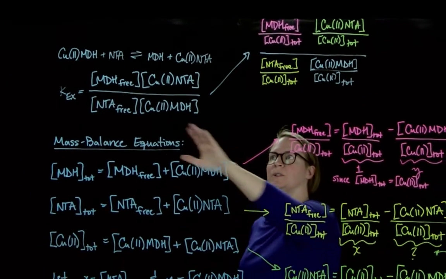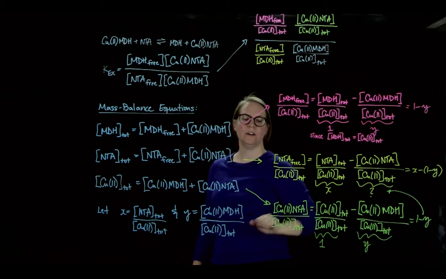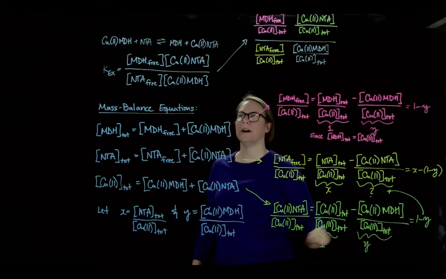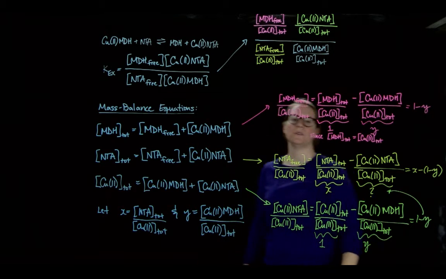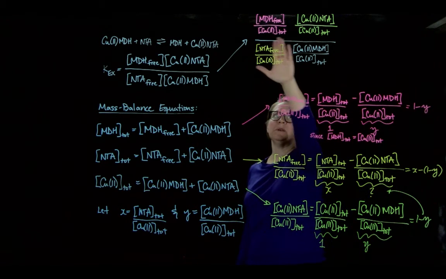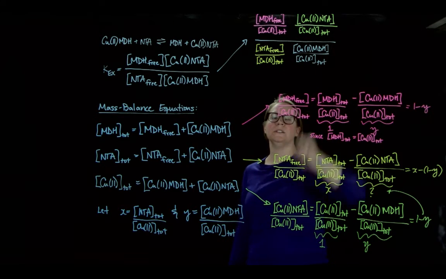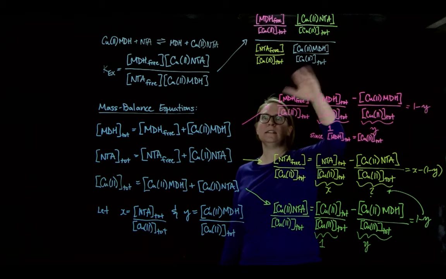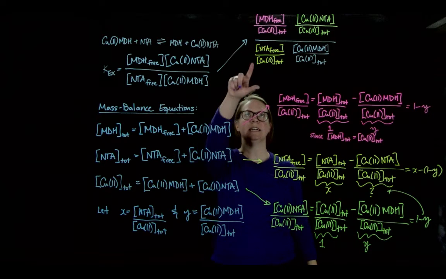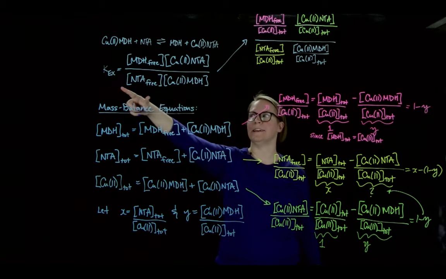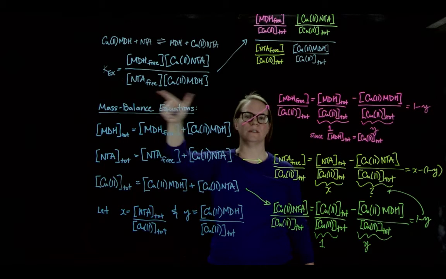As you can see, we just took each expression and I've color-coded it to match our color coding of the x and y expressions and divided every term by the copper-2 total concentration. Because we have the same number of factors of copper-2 total concentration in the numerator as we do in the denominator, those would all cancel and we would arrive back at the original expression. So essentially this new expression here for the K exchange constant is algebraically equivalent to the original expression.